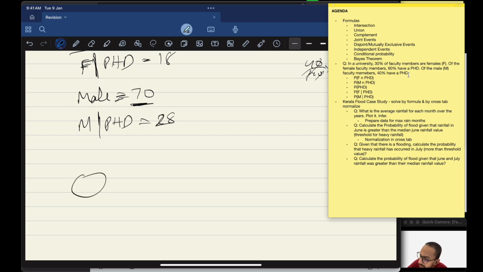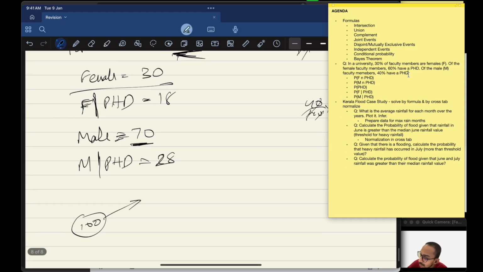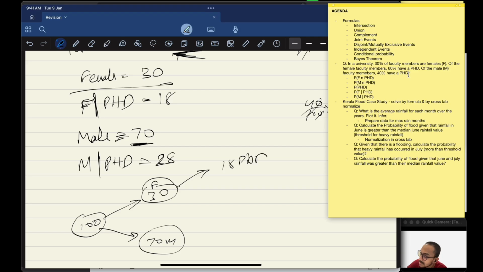So there are 100, and out of this 100 there are 30 female and 70 male, and out of this 30 we have 18 PhD and the rest are non-PhD. So that would be 12 are non-PhD. Of these 70, we have 28, right?